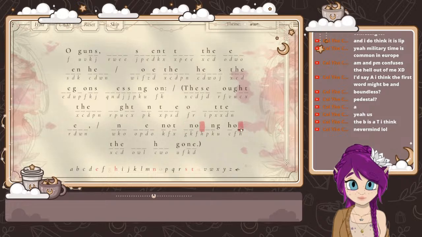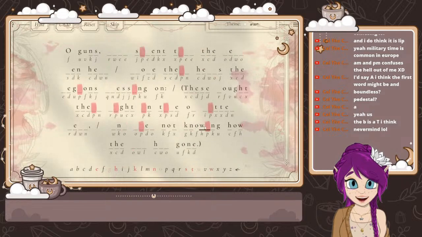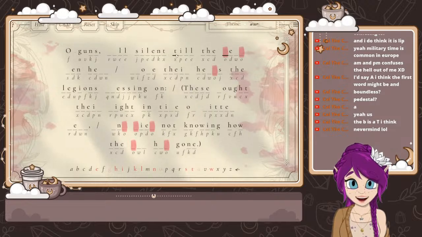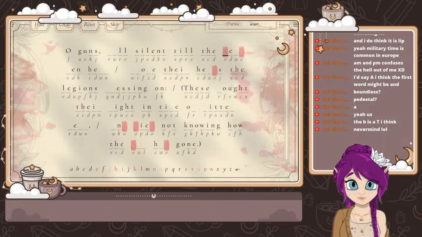How, and this is knowing how the silent. Oh, guns, something silent till the legions. Blessing.